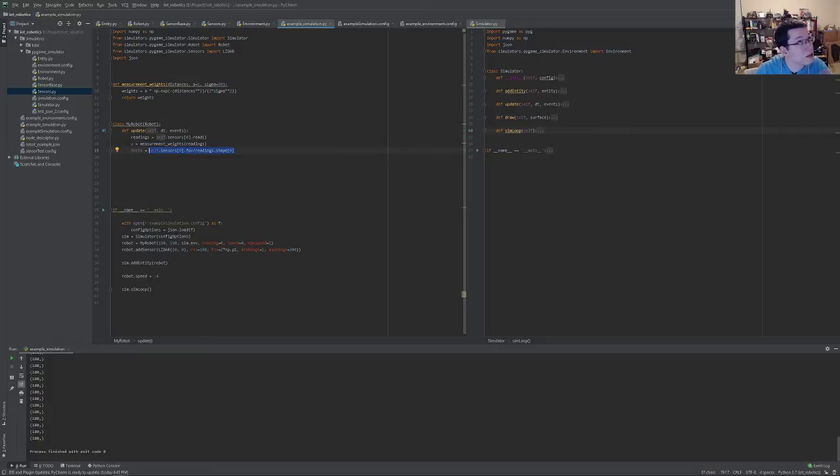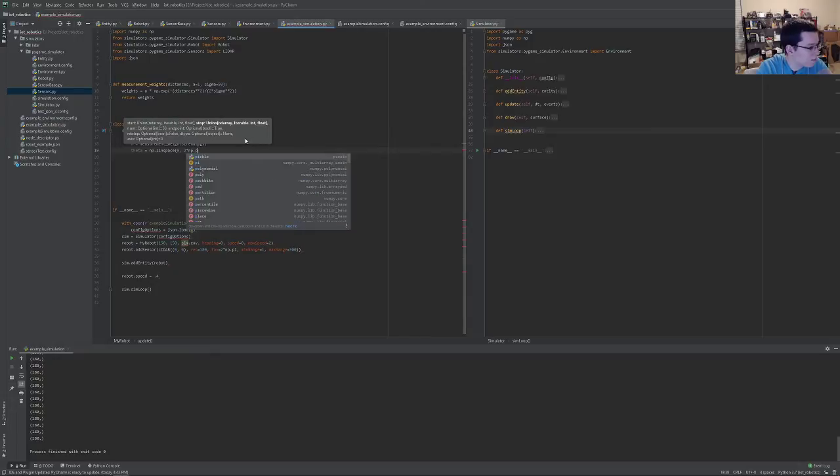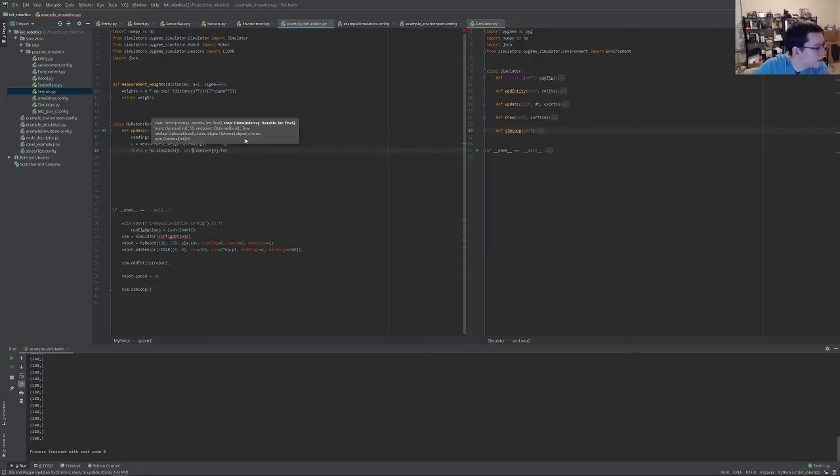This only gives me the increment in angles, and so I'm going to do np.linspace. You know what? It's better to do it this way anyway. Linspace from 0 to 2 times np.pi, or better yet, self.sensors FOV, readings.shape[0].